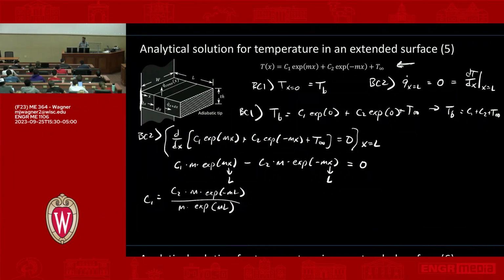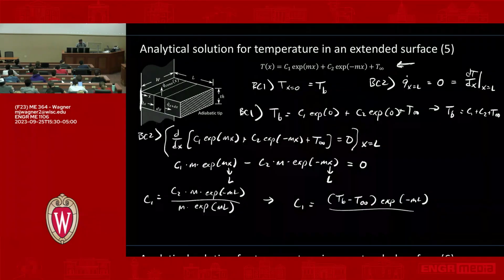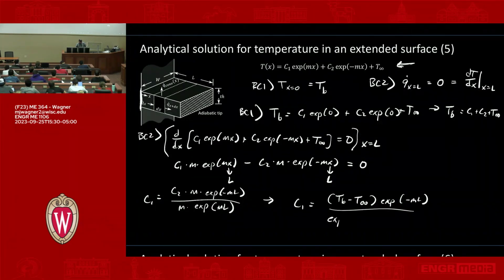Then combining that with the other equation for boundary condition 1, that yields C1 is equal to (T_B minus T infinity) exponential of minus mL divided by exponential of mL plus exponential of minus mL.